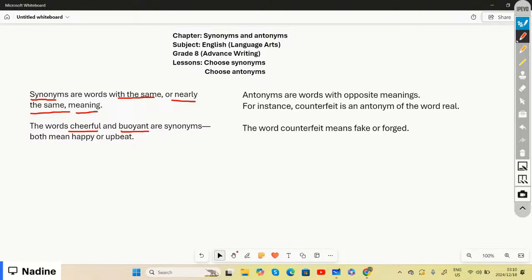So you can either use the word cheerful or you can use the word buoyant. It basically either means the same thing or almost the same thing, because both these words, cheerful and buoyant, mean to be happy or upbeat.